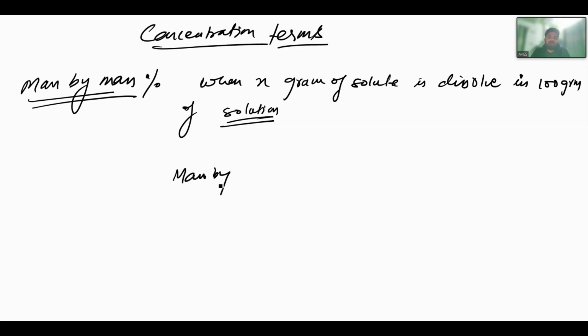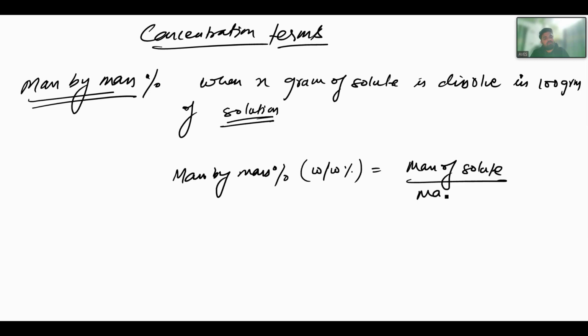Mass by mass percentage, which we simply call W by W percentage, is equal to mass of solute upon mass of solution into 100. Here we have solute and here we have solution, you need to keep that in mind.